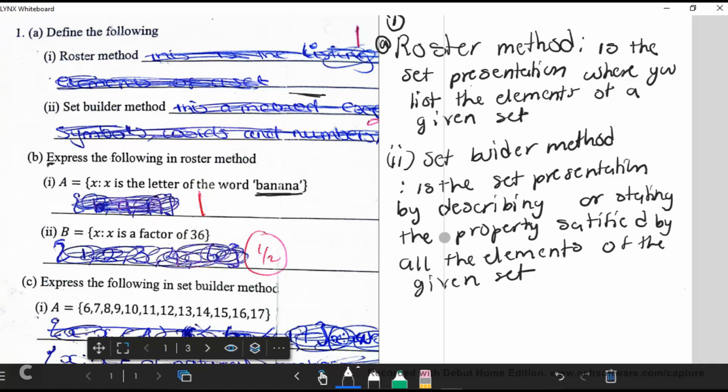So let's go on to question 1B now. This was question 1A. Now let's go on to question 1B.